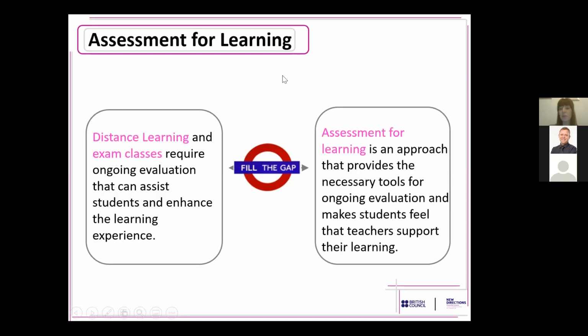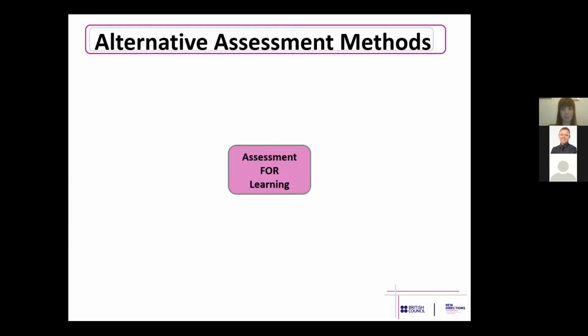So assessment for learning and not assessment of learning is an approach that provides the necessary tools for ongoing evaluation and makes students feel that the teachers support their learning. And this, I think, is more necessary than ever before, especially in distance learning, where we don't have our students in the class.